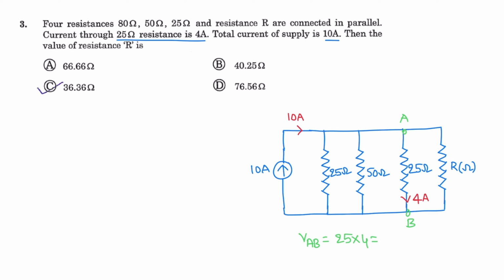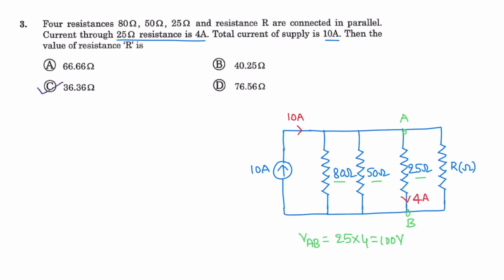All the resistors 80 ohm, 50 ohm, 25 ohm and resistance R are connected in parallel.